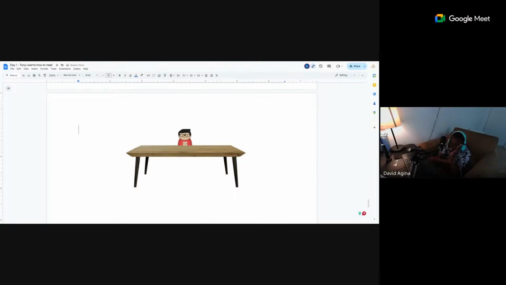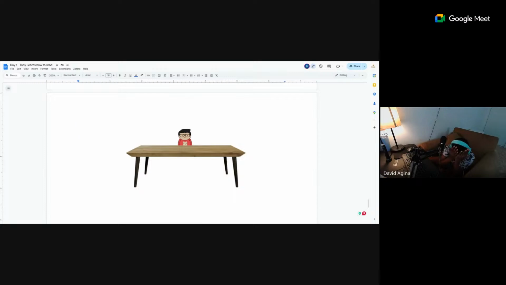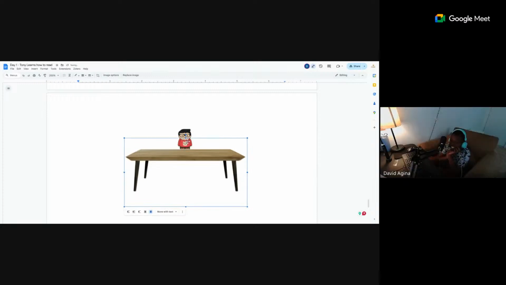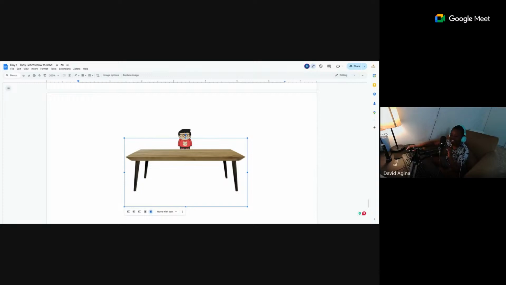The boy is on top of the table in Luo. Remember, just tell me what's happening in Luo. Wait, what does sit mean? Sit. Okay.